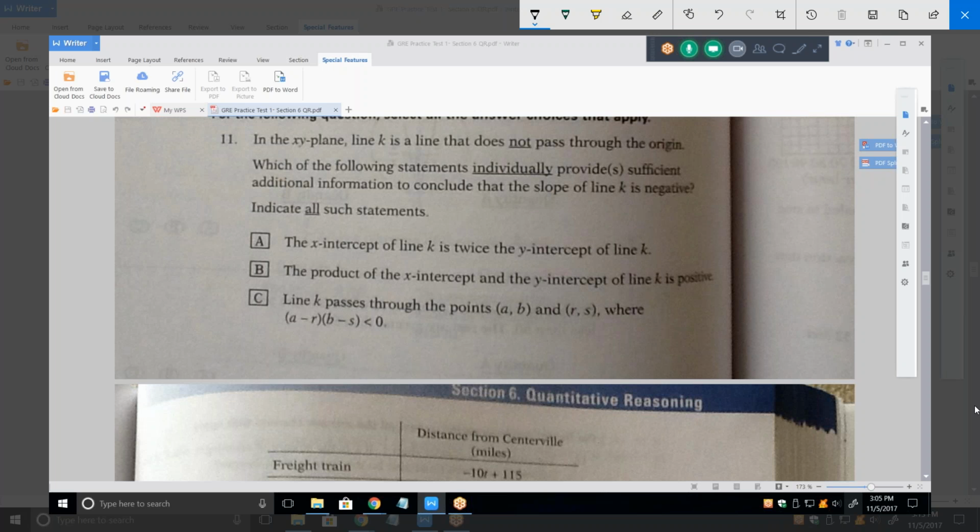In other words, they told us that the rise times the run is less than 0. But that is conceptually the same as saying the rise divided by the run is less than 0. You can't have one without having the other. So this statement alone proves that the rise divided by the run is a negative number. That makes the slope negative.